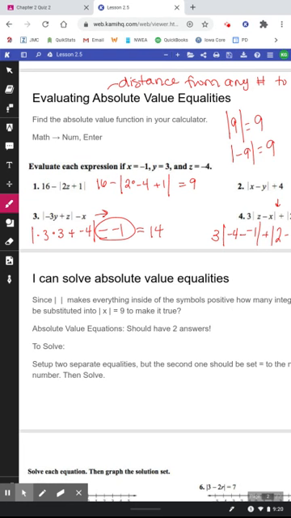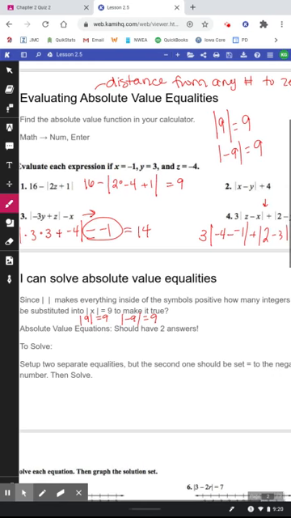We already answered that: we can put in absolute value of 9 and it'll come out 9, or we could put in -9 and that will come out 9. So absolute value equations, for the most part, should have 2 answers. We're going to have a couple where they might have no solution, and we'll see when we get to that.